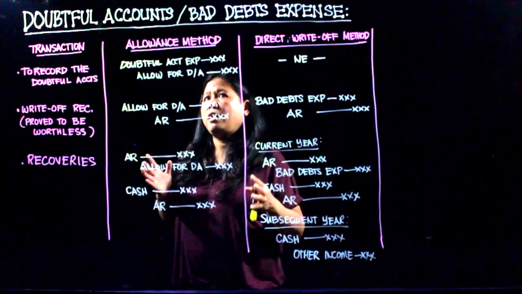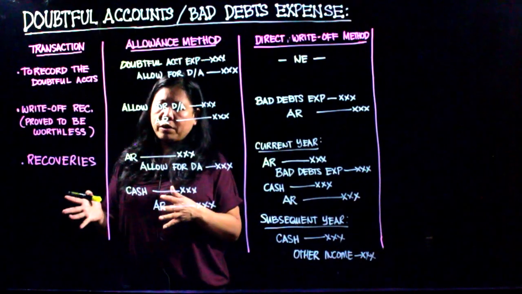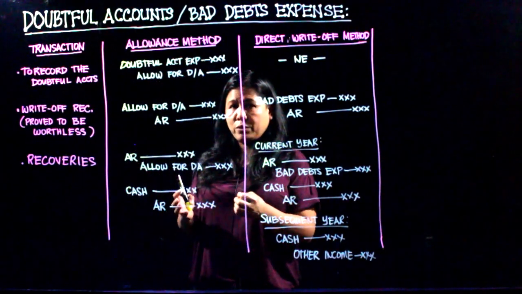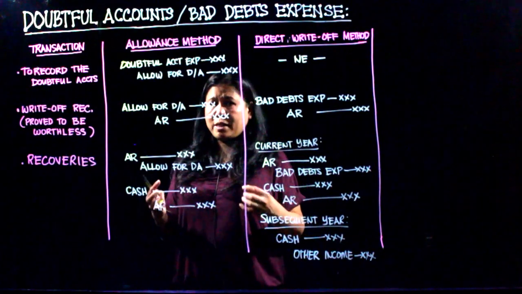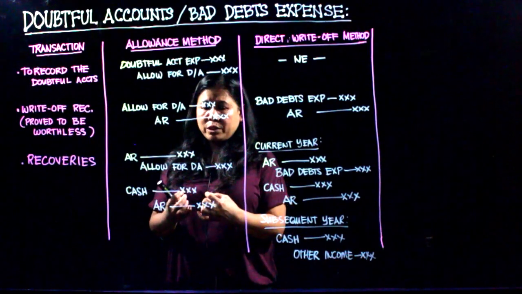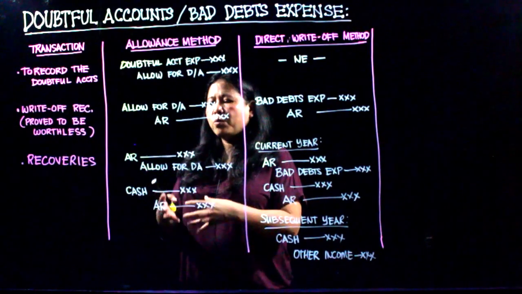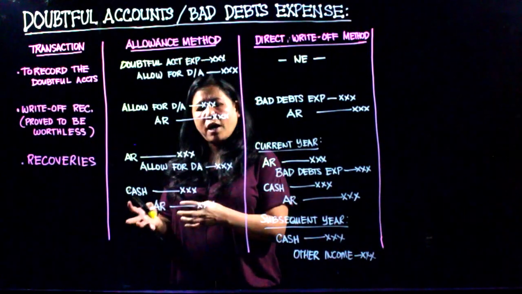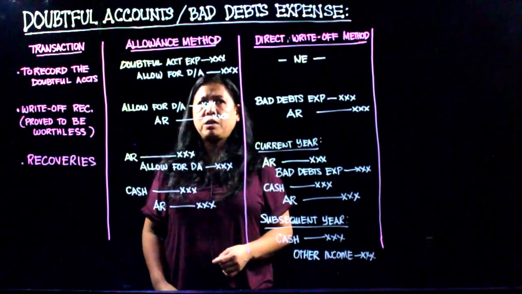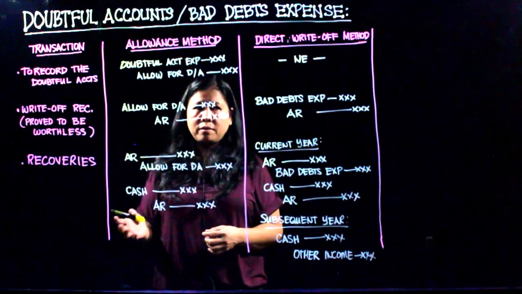So under allowance method, when you have a recovery, we debit the accounts receivable and credit the allowance for doubtful accounts. So we set up the accounts receivable first, then we credit the allowance for doubtful accounts. Then we record the collections: debit to cash and credit to accounts receivable, canceling that accounts receivable that you already collected.